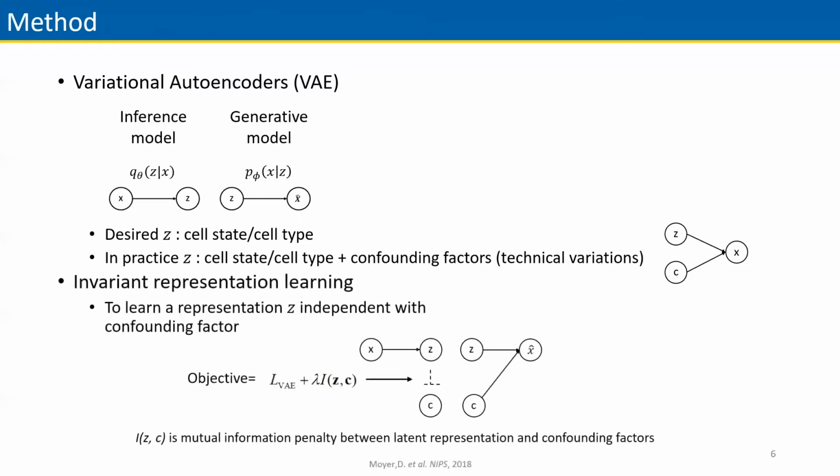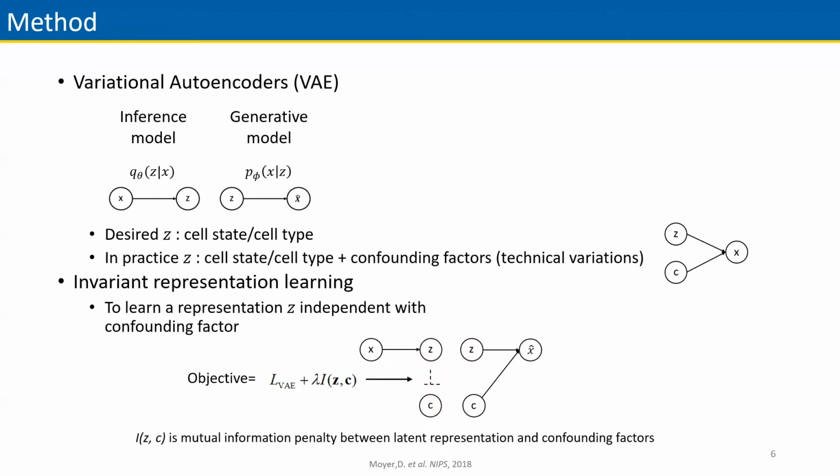So here comes our method. We want to decouple these confounding variables from the true biological state during our training. And we achieve this through the idea of invariant representation learning. The goal is for the inference model to learn a latent representation Z, which is independent of the confounding factors.